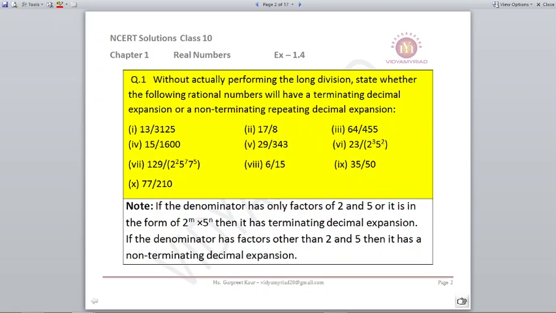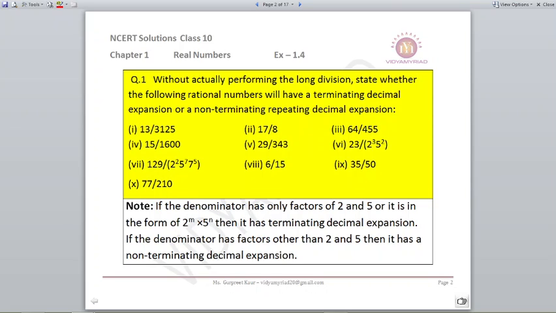Now the rule to understand whether the rational number has a terminating or non-terminating expansion is very simple. You need to just look into the denominator. If your denominator has the factors 2 or 5 or 2 and 5, no other number, that means either 2 should be there or 5 should be there, or both can be possible, only then it has a terminating decimal expansion.